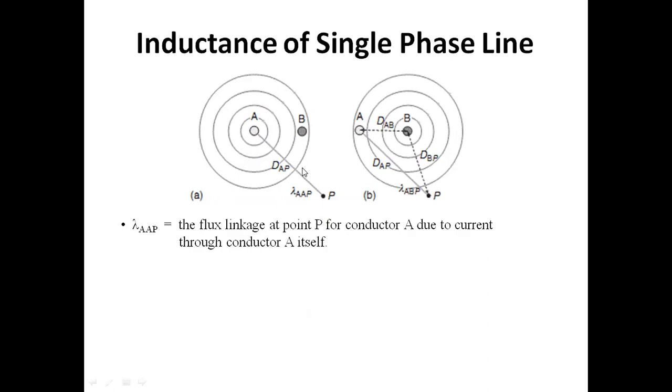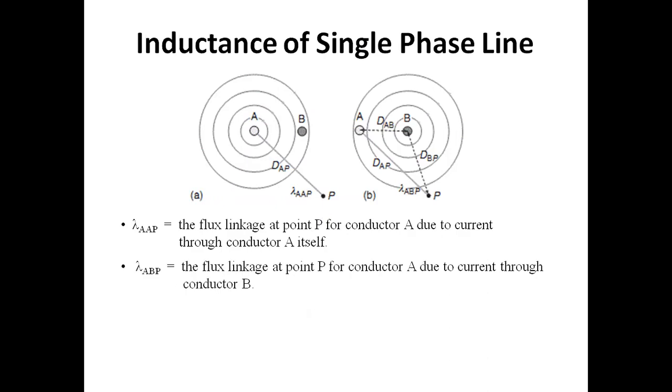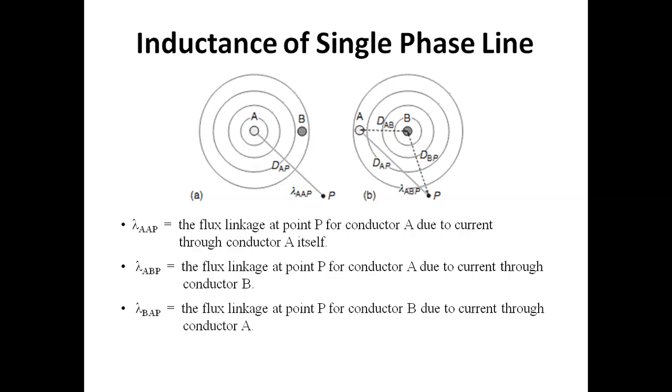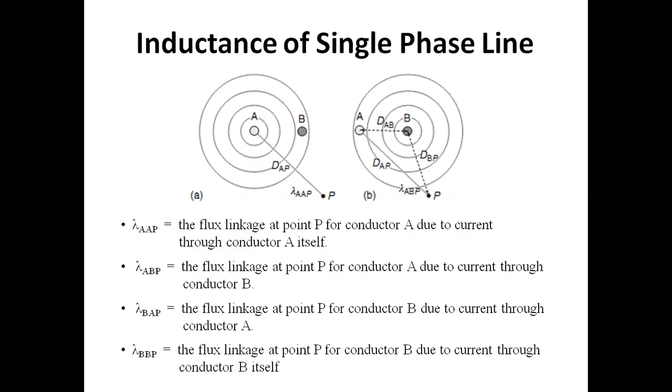Now, you have to find the flux linkages due to current IB between point A and point P. So it will be lambda ABP. Similarly, for flux linkages between B and P, it depends on lambda BAP, which is because of current IA, and lambda BBP, which is due to the self current in conductor B.